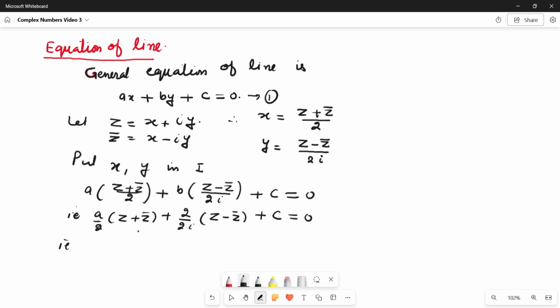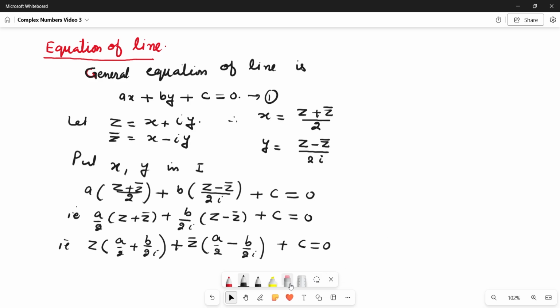If we take z common, we get z into a upon 2 plus b upon 2 iota, plus z bar into a upon 2 minus b upon 2 iota, plus c is equal to 0.